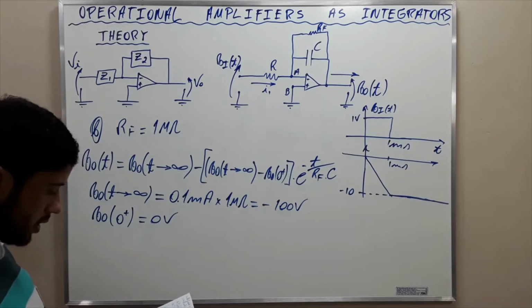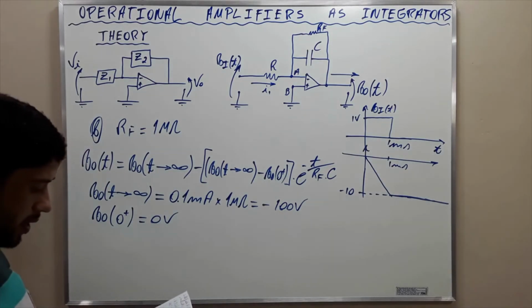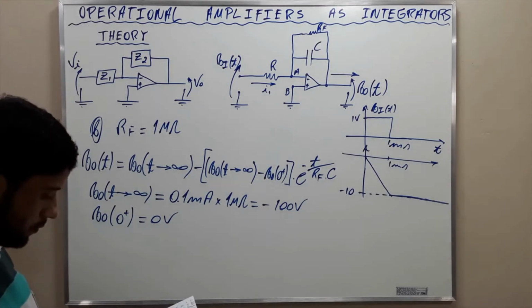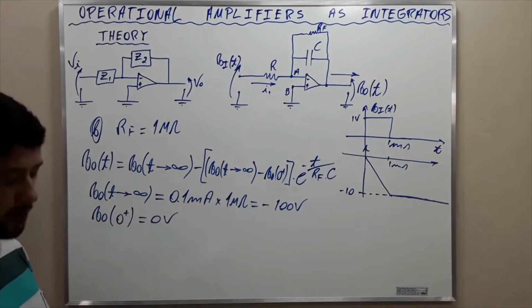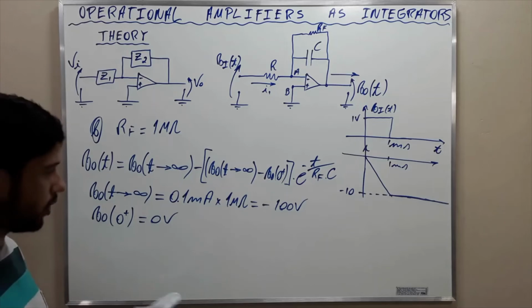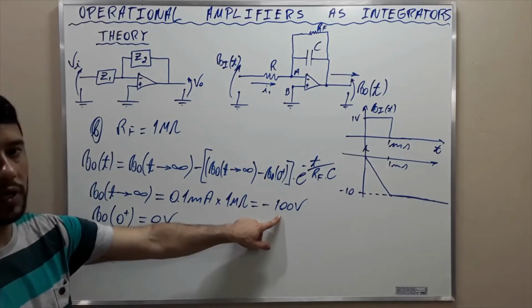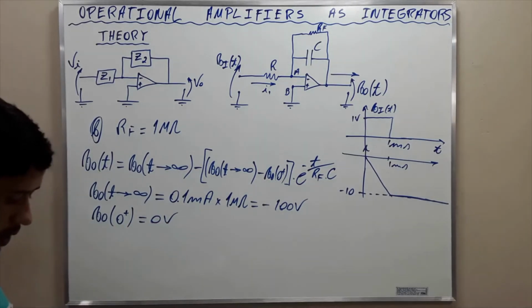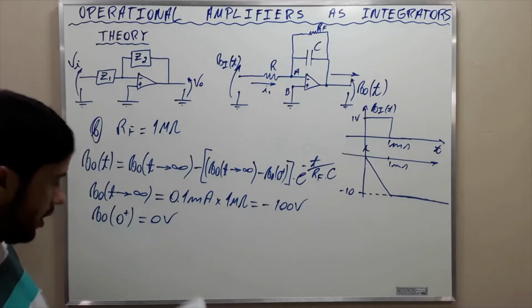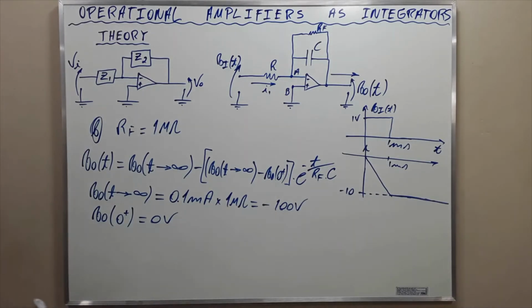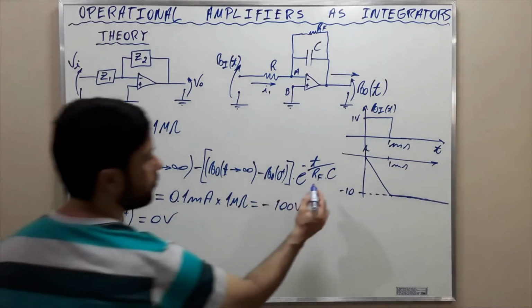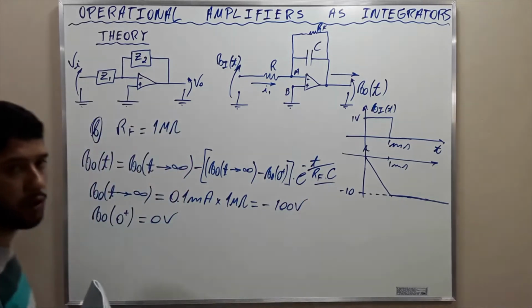And the output will be an exponential. The output is going to be an exponential heading towards negative 100 volts with a time constant equal to, let's calculate the time constant. This is the time constant.